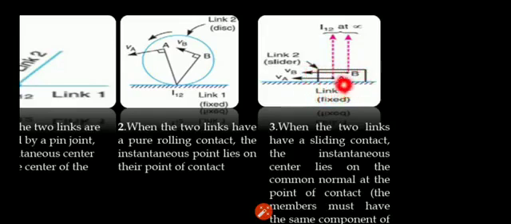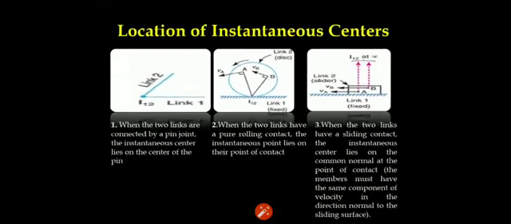So here link 1 is fixed, which I have assumed as a surface over which this second link is moving, which has complete translational motion, then its instantaneous center always lies at infinity. So these are the various positions where the instantaneous centers of rotation lie.